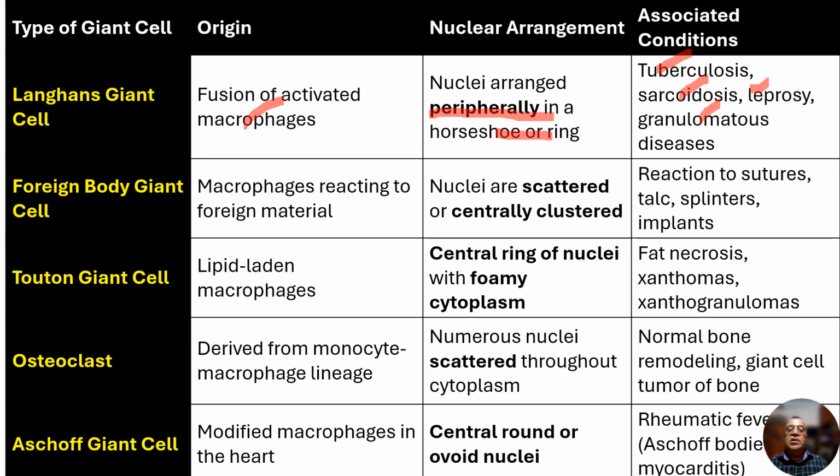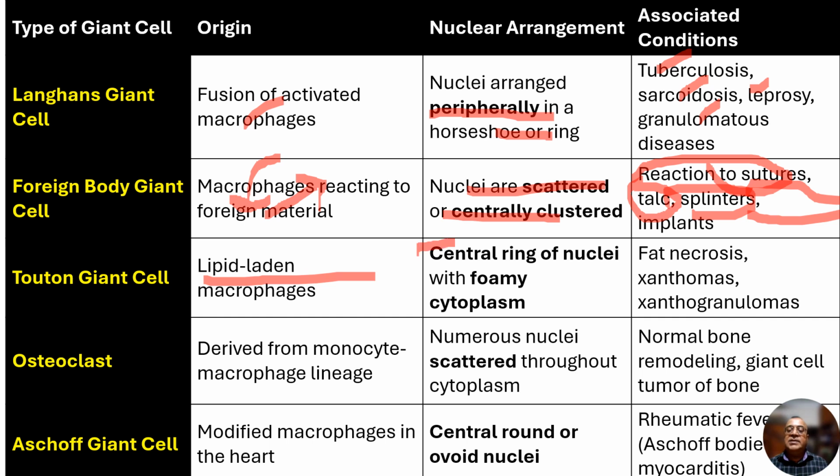Then foreign material can start the reaction of the macrophage against them, and in this foreign body giant cell, the nuclei are scattered or clustered centrally, and they are formed due to reaction to sutures, talcum, splinters within the wound, or implants. Touton giant cells are lipid-laden macrophages.